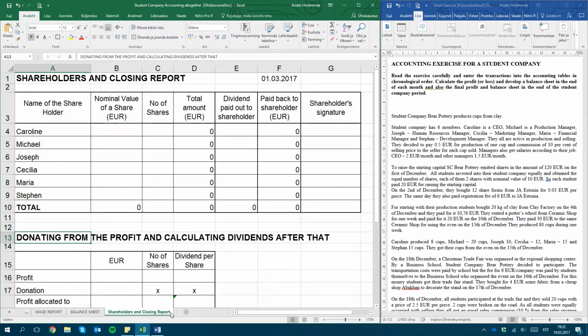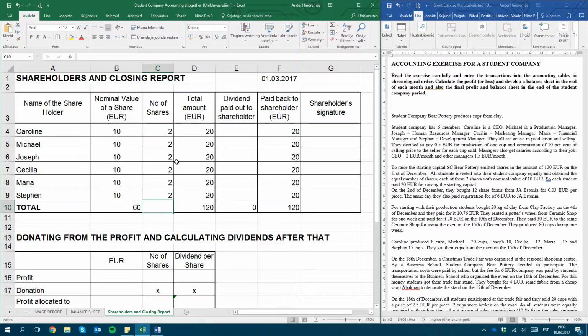So the nominal value of the shares, it says, was €10, and each of them got 2 shares, which means let's put the €10 in. We can also use the Excel shortcut and copy it. And each of them, as it says, got 2 shares.